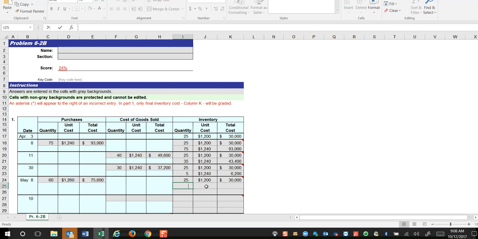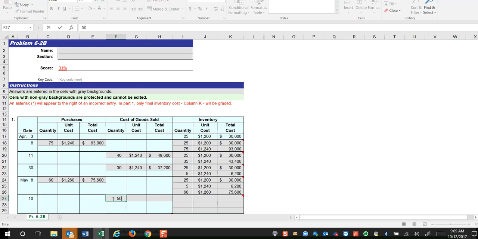I have the 5 that I paid 1,240 for, which was the 6,200, and now because I've purchased 60 more, those 60 come right over here at the 1,260, which is that 75,600. So I just transferred the new inventory in, and now this is a total picture of everything that I have in my inventory.